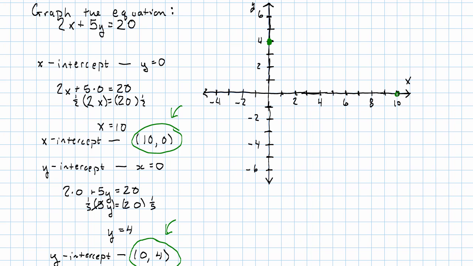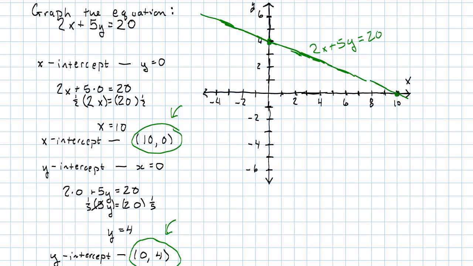And now, I'll go ahead and draw in the line that connects these points. If I were doing this on a piece of paper, I would probably want to use a ruler in order to draw this line nicely. But there we have it, the line 2x plus 5y equals 20.